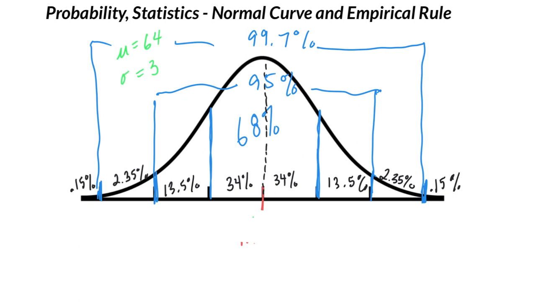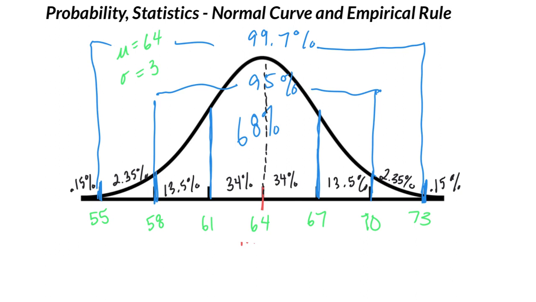And you could say the mean is 64, and then go down 3 and up 3. There's one deviation out. I could go down 3 units, up 3 units, down 3 units, up 3 units, like that.